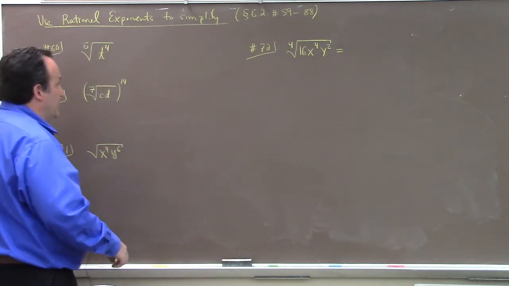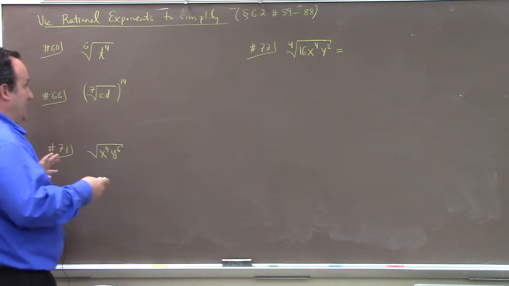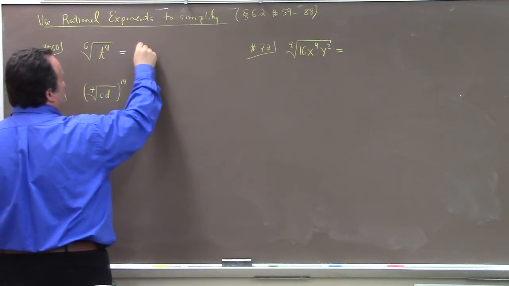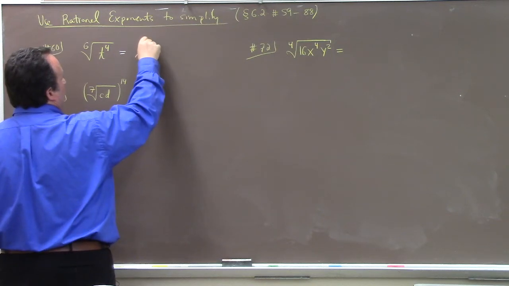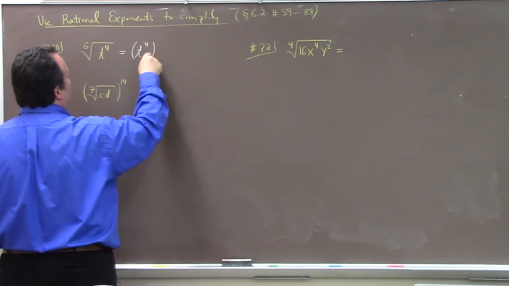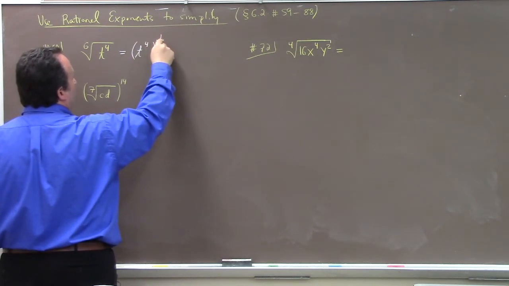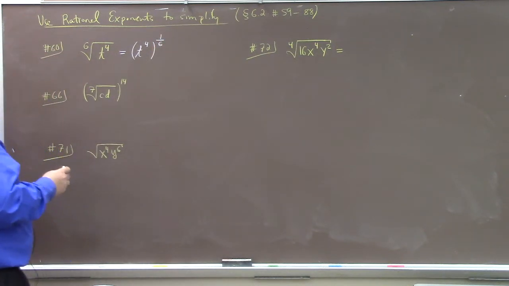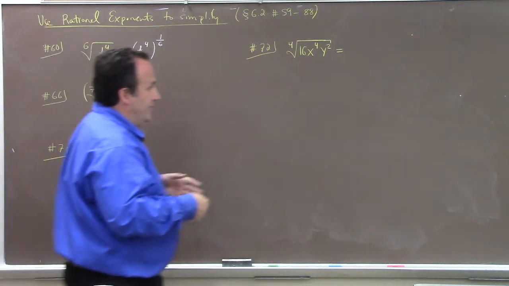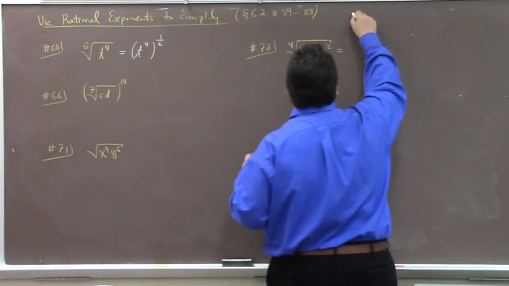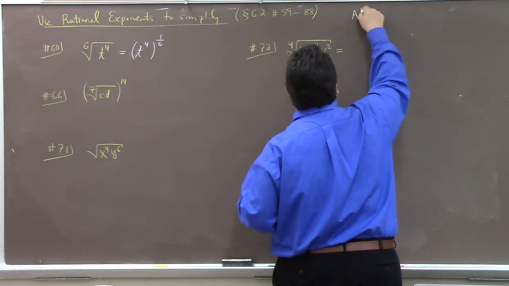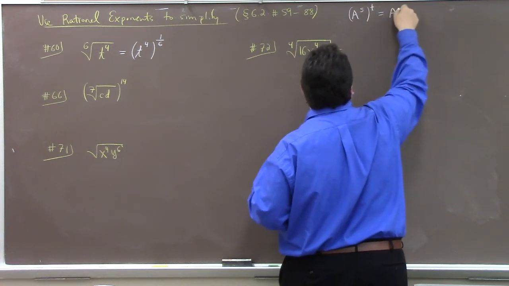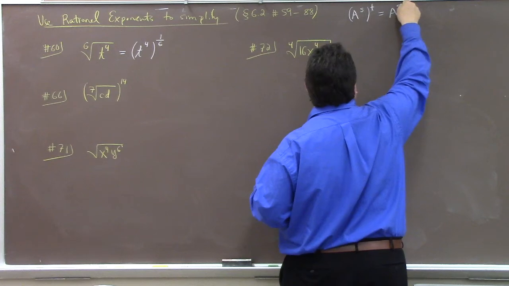Okay, so I will introduce the laws of exponents that we need as we go along. So this we can look at as t to the fourth all to the 1/6 power. The law of exponents that I need to use here is if we have a to the s to the t power, it's a to the s times t.